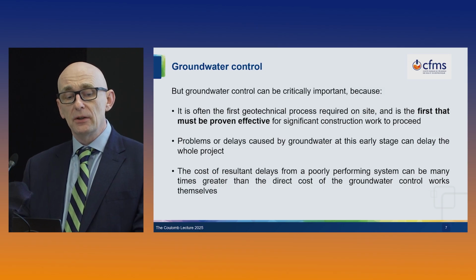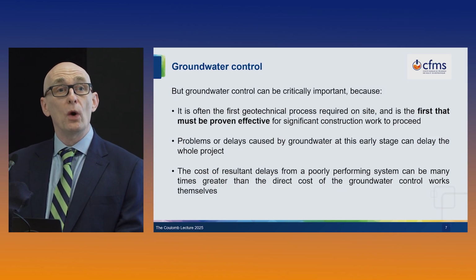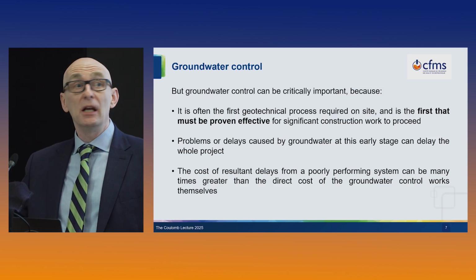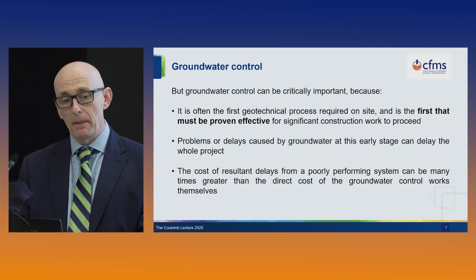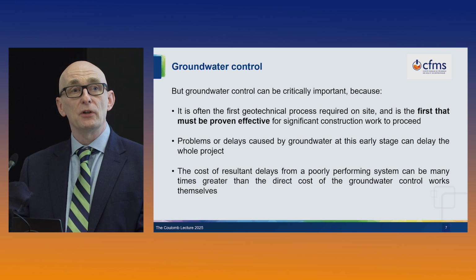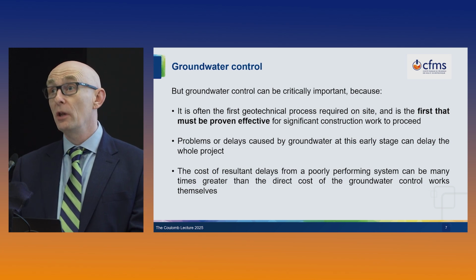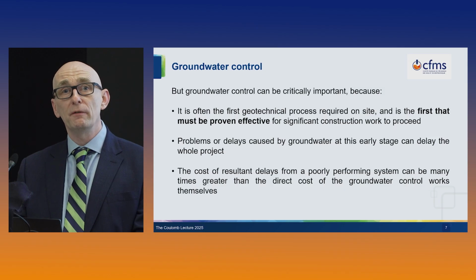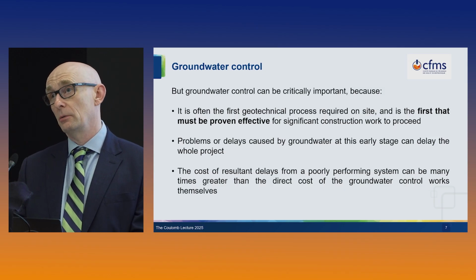The reason that I think groundwater control is critically important is because of where it sits on the programme, where it sits on the timeline of a project, because it sits right at the very beginning. Groundwater control is often the first geotechnical process, or one of the first, that must be carried out, but it's almost certainly the first one that must be proven effective in order for the subsequent works to occur.